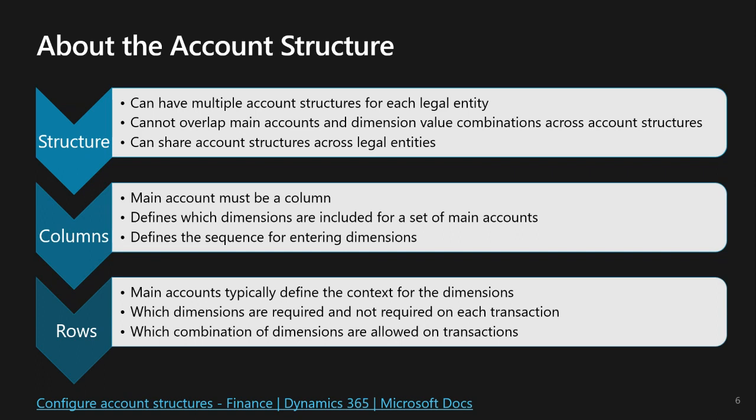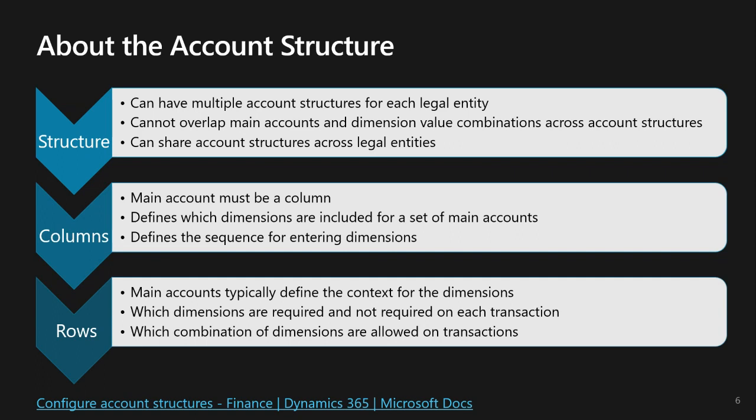Your account structures are split up into columns and rows. Starting with the columns, a few things to note are that first, your main account is a required column in every account structure. However, the main account does not need to be the first column.